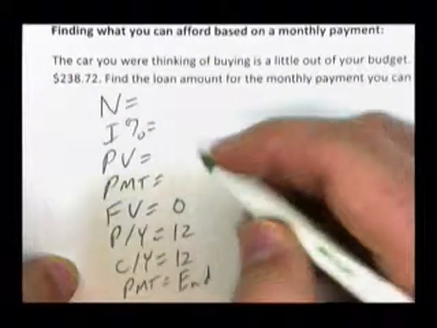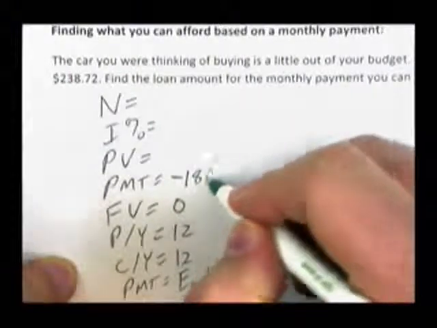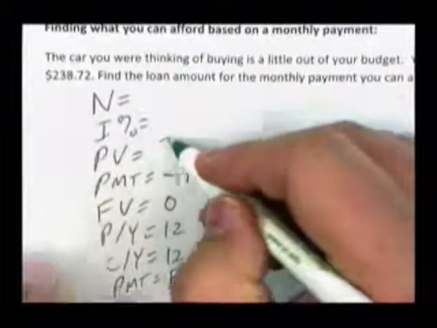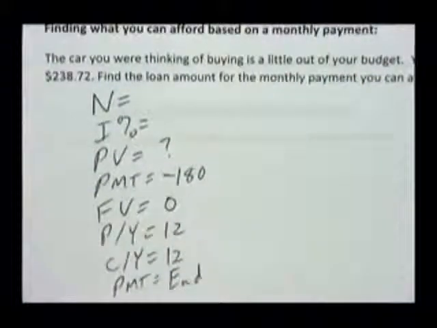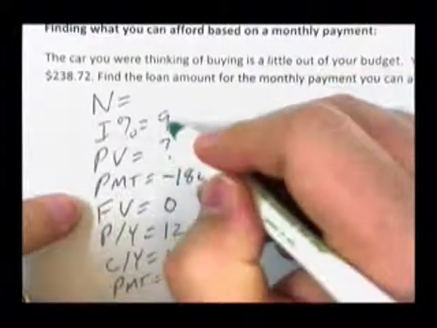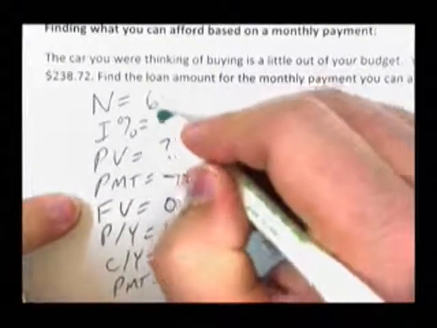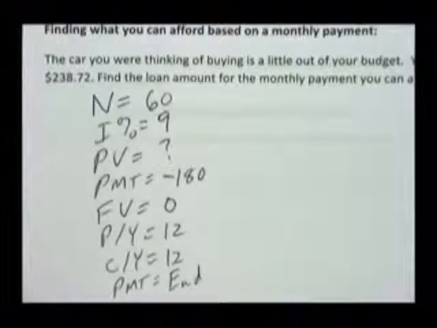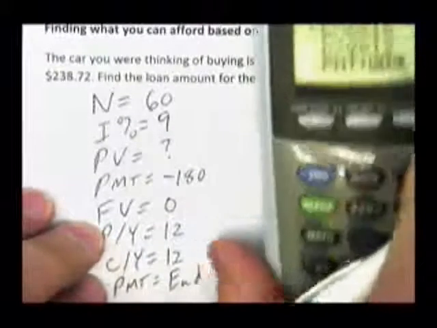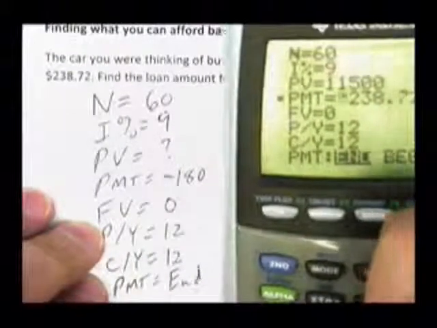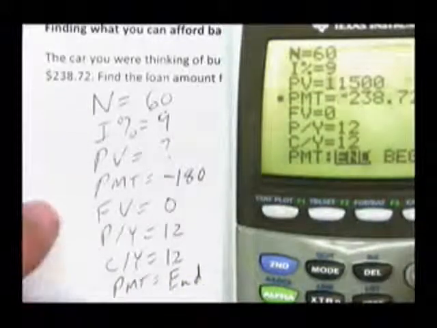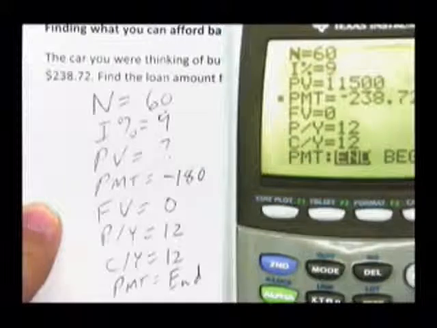Now I know my payment, and since it's coming out of my pocket, I'm going to use negative $180. My present value is what I don't know, how much I'm going to take the loan out for. I do still have the 9% interest, and I still have the 60 payments over 5 years. So if I go to my TVM solver, I have the 60 already, I have the 9.